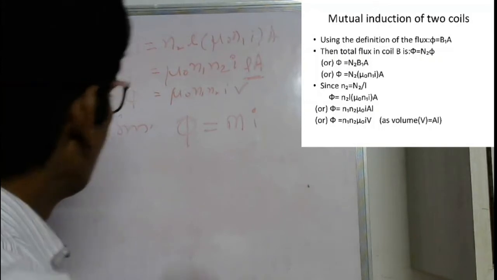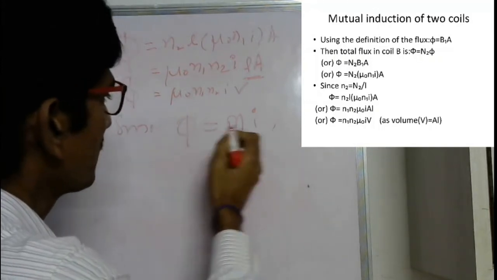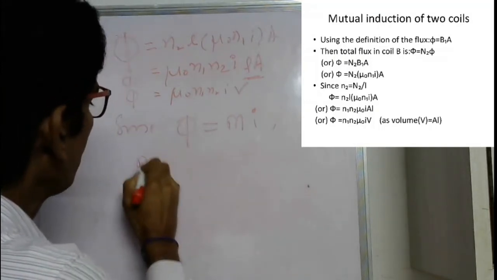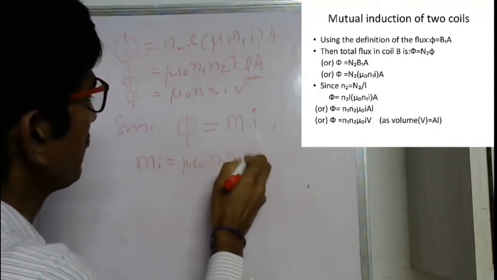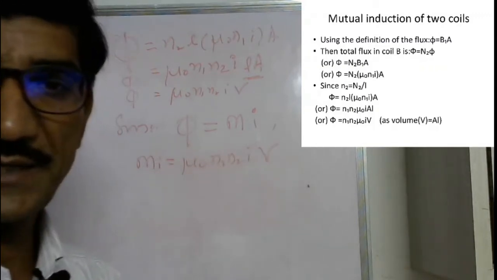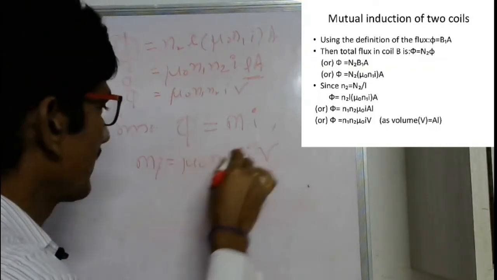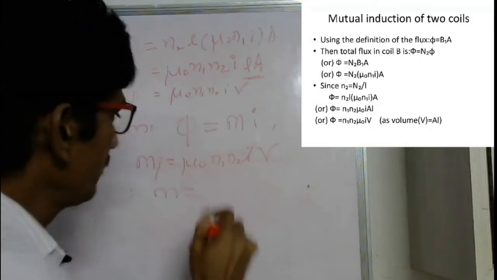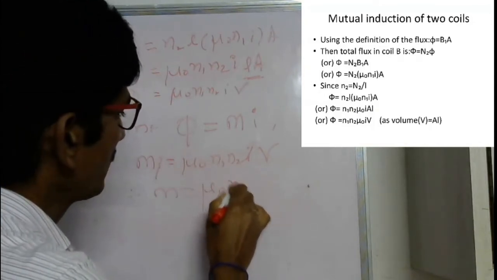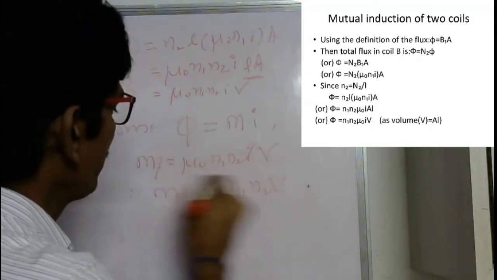Since phi is equal to M I, you have M I equal to mu naught n1 n2 I V. Now I cancel I, and therefore M is equal to mu naught n1 n2 V.